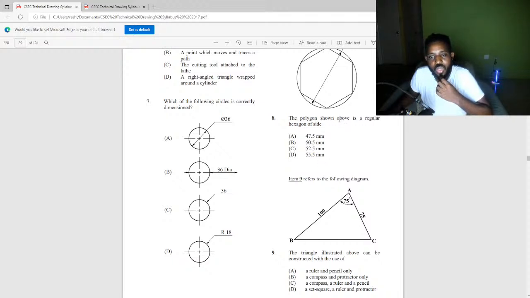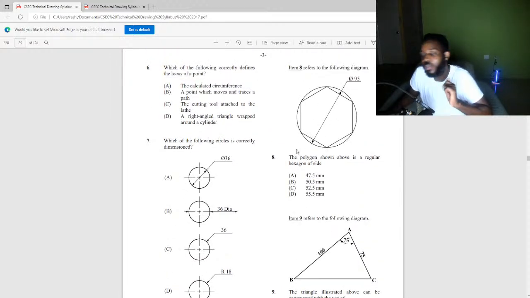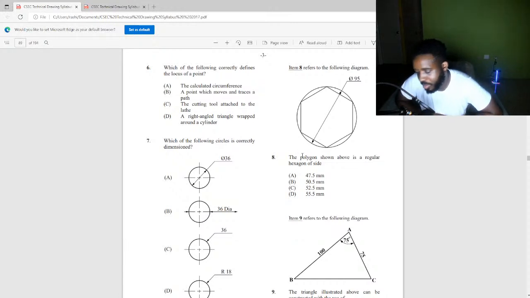Number 8 says the polygon shown above is a regular hexagon of side... What's the length of one side of this hexagon? Any idea? Let's work it out. The diameter of the circle that we use to draw the hexagon is 95.